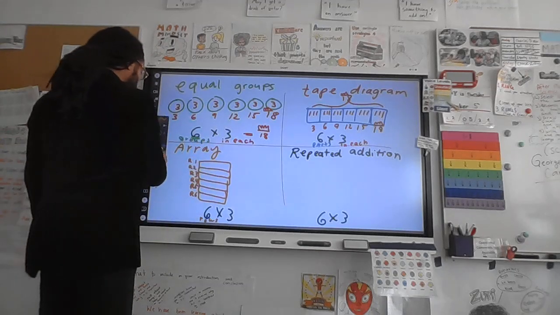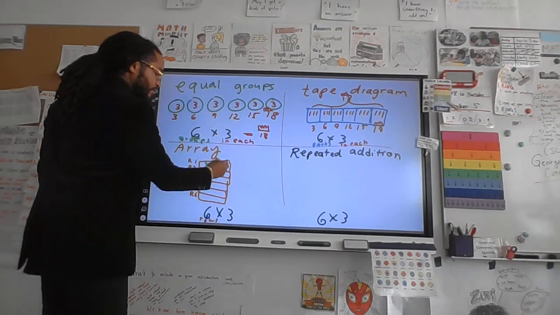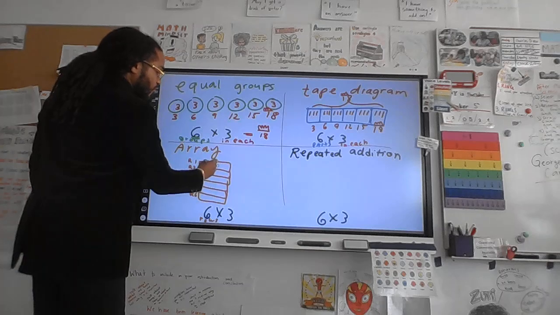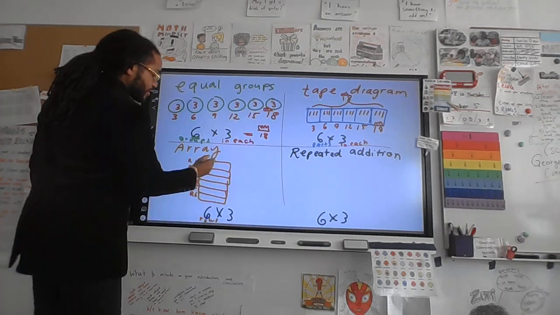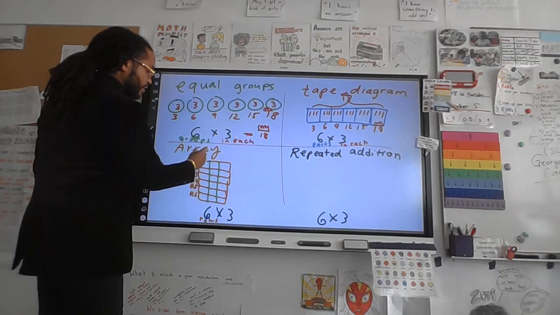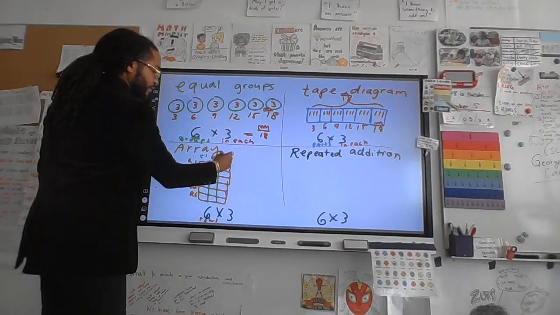So now you need 3 in each. Kids could put X's, lines, things of that nature. The goal when they make their arrays is to have 3 columns. So going like that. And then they could label it also C1, C2, C3.